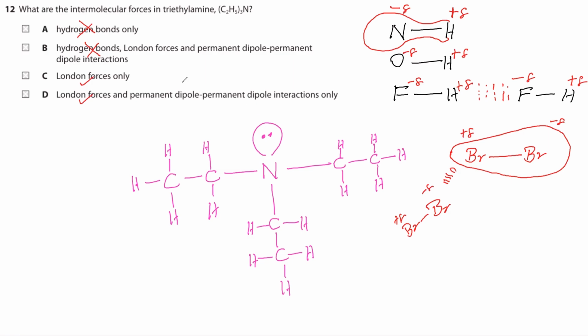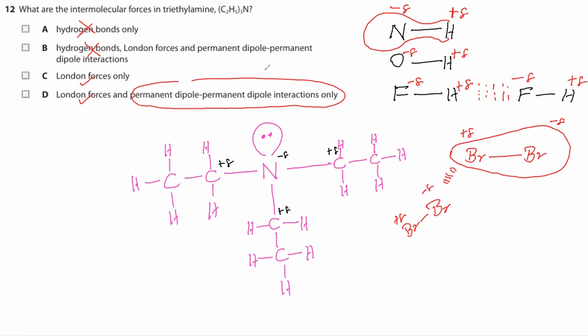But in answer D, they talk about permanent dipole-dipole interaction. Yes, it is possible, because in this one, nitrogen and carbon have bonds, and nitrogen is more electronegative than carbon. So obviously this nitrogen atom will have a minus delta charge, and it is permanent, because nitrogen is more electronegative than carbon. As a result, this has a permanent dipole.